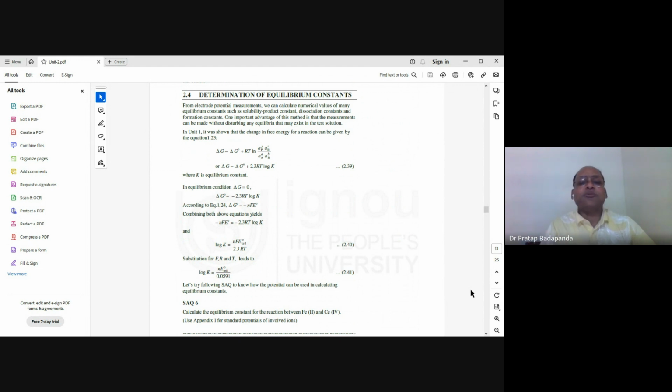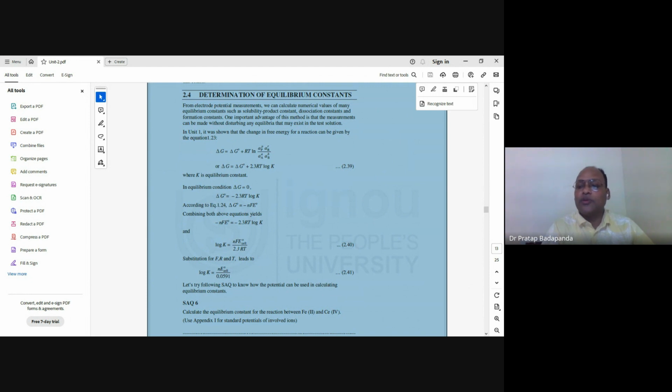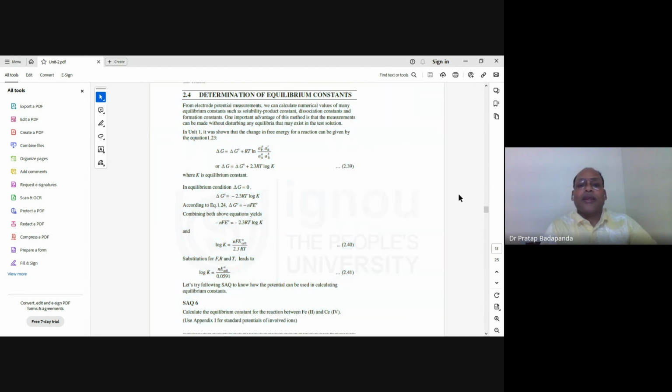So delta G, the free energy, is equal to delta G naught plus RT ln K. All the references and things are given here, and you have to use them. So delta G is equal to delta G naught plus 2.303 RT log K. K is the equilibrium constant value, so the value will be calculated, and this is the log K. At equilibrium, delta G is always equal to 0.